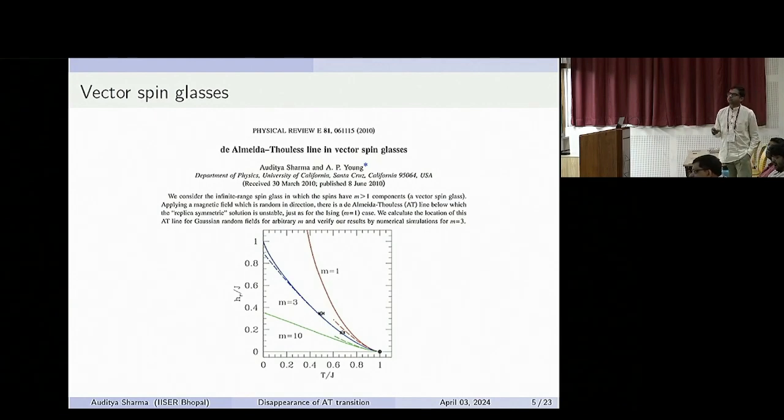The advantage of studying, for example, Heisenberg spins instead of Ising spins is that you can study larger system sizes, because equilibration is eased because of the continuous degrees of freedom, and there are some very nice algorithms available which help equilibration.